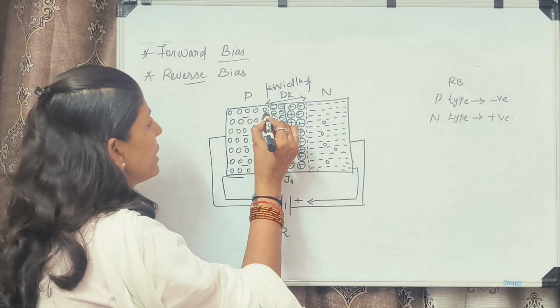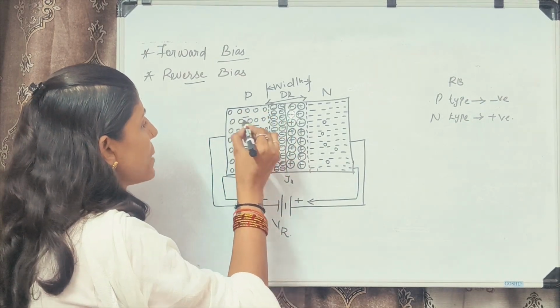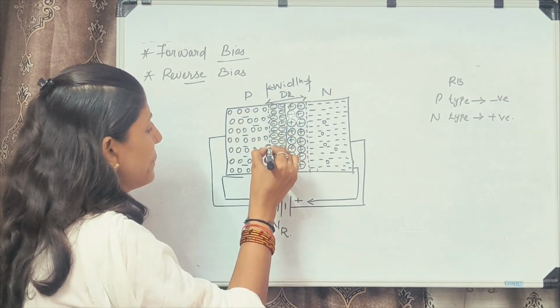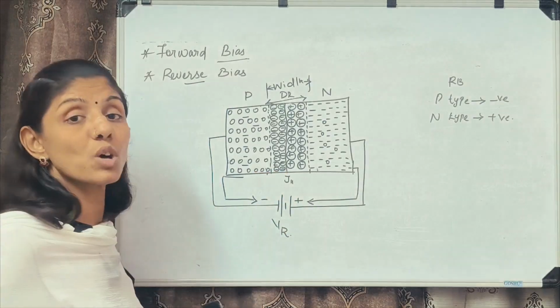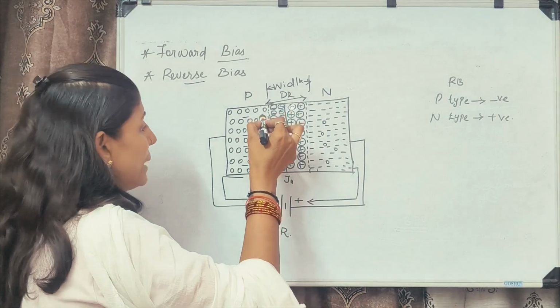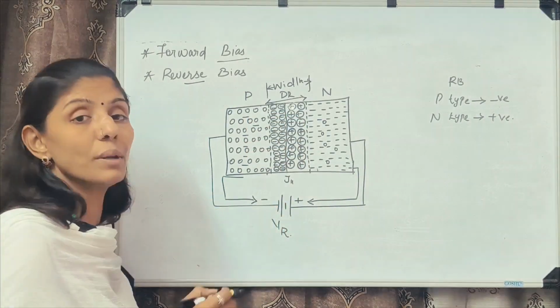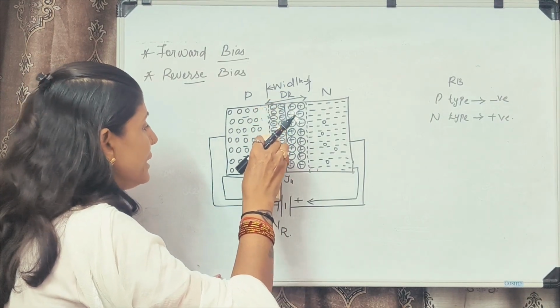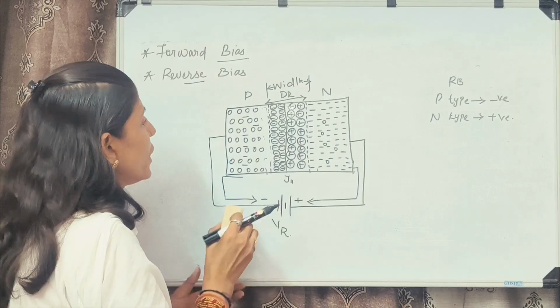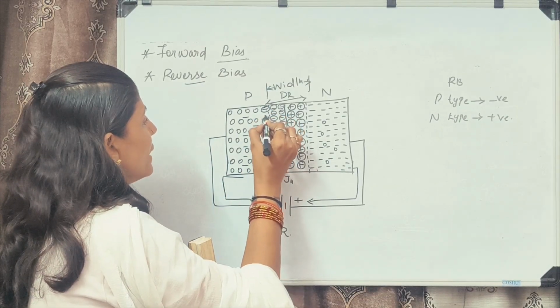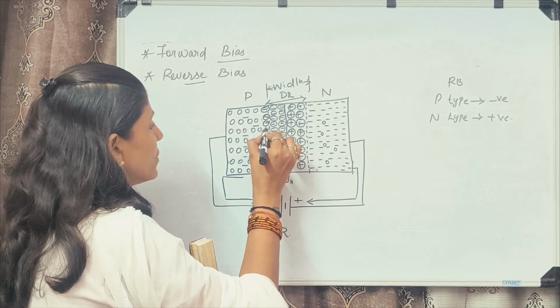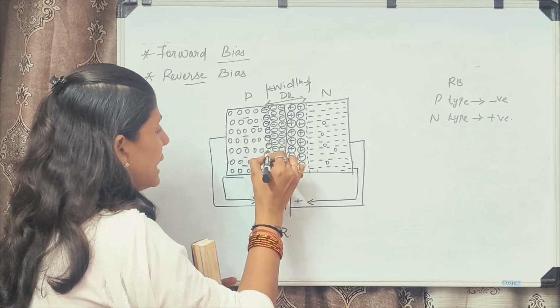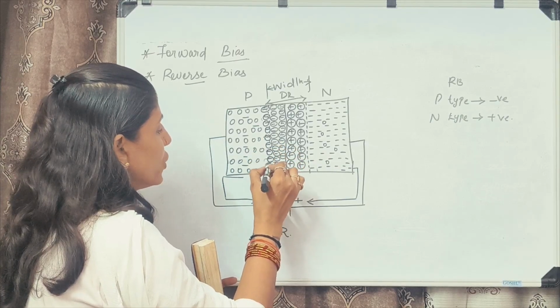So if this hole is getting absorbed, for example, this complete line, this complete column is getting absorbed by this negative terminal of the battery, what will happen? These holes and all will become negative ions now. Earlier how many columns were there? 2 columns.